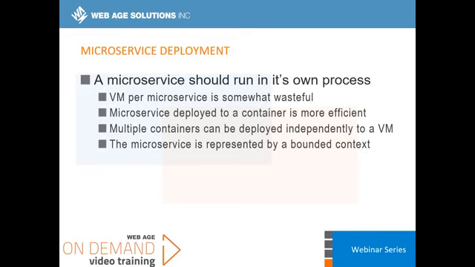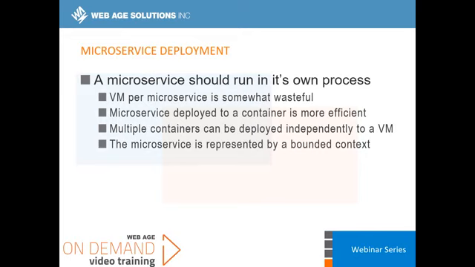First of all, a VM takes some time and consumes some resources in order to spin it up, and there are, generally speaking, wasted resources within the VM when it's only running a single microservice. So we came up with this notion of containers, and a microservice winds up deployed to a container, which is a much more efficient way to deploy the microservices.